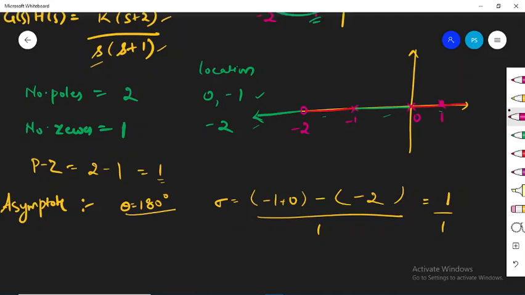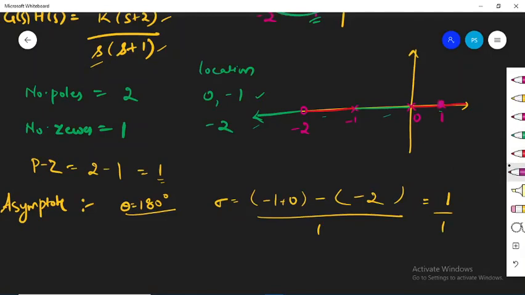Now it's not necessary that the centroid is a part of the root locus. It can be a part of the root locus diagram, or it cannot be. It's just that this is the point along which you make the asymptote.